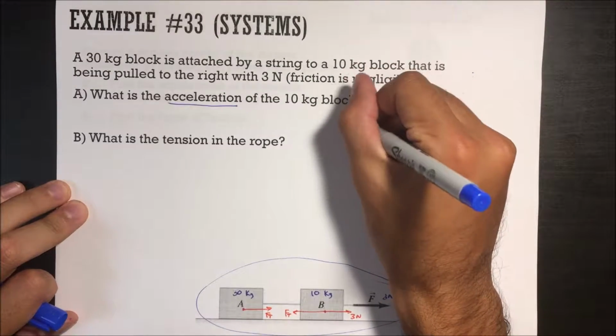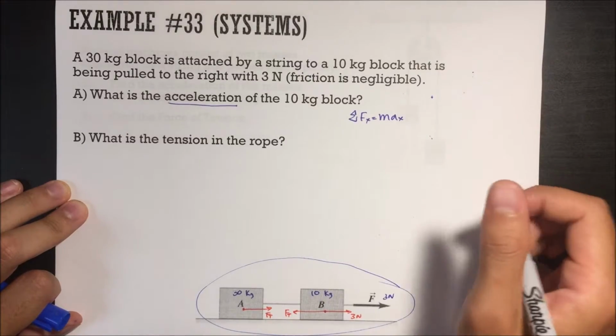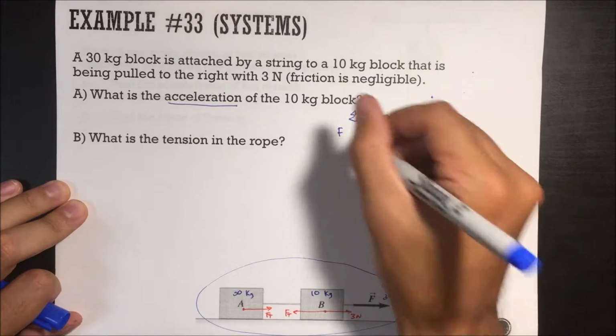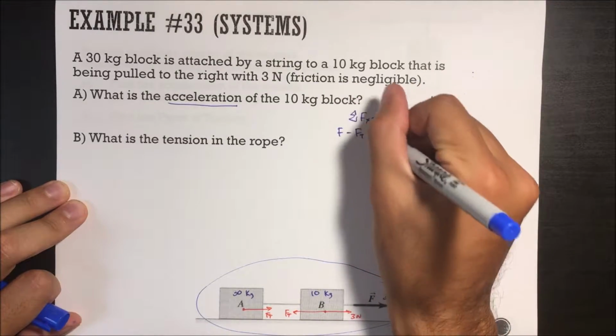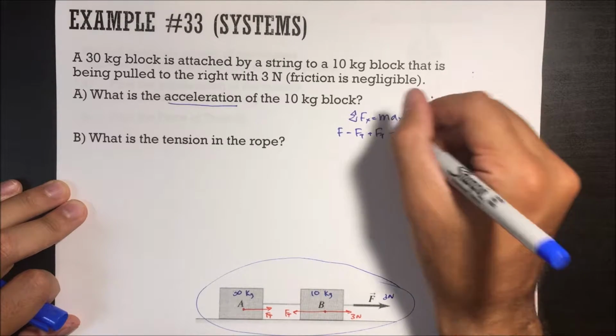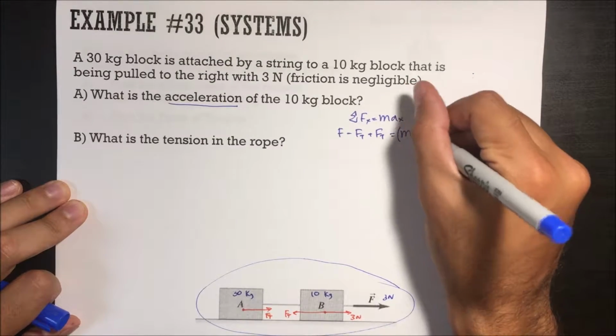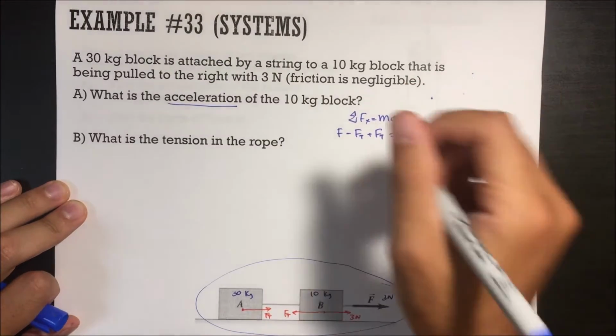Sum of all forces in the x equals mass times acceleration in x. What we have is this force minus force of tension plus force of tension equals the mass of both the boxes, because it's pulling both of them, m1 plus m2, times acceleration.